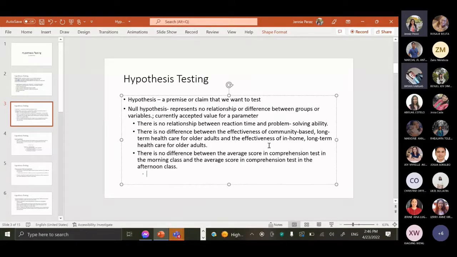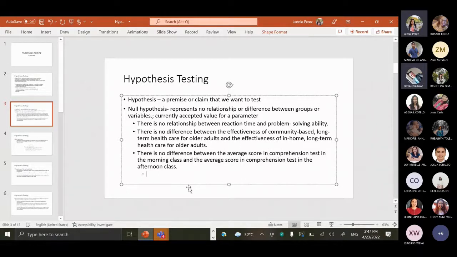And what is the dependent variable? Effectiveness. So what are our indicators of effectiveness? Maybe we can say the well-being of the older adults: their physical health, mental and psychological well-being. These are our indicators of effectiveness.